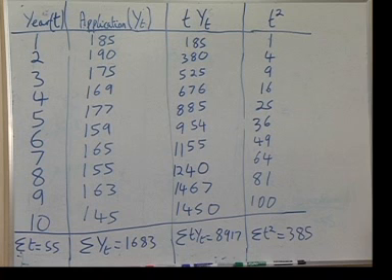Now when we add that up, you get 1683. So sigma YT is 1683. Now we have to add up also the column sigma TYT and sigma T squared. Now that we have this information, now we go to the second part.